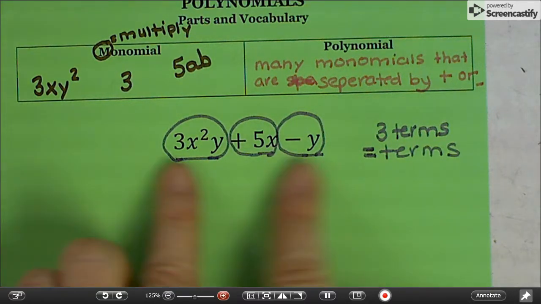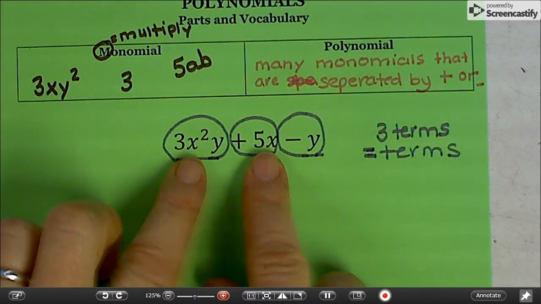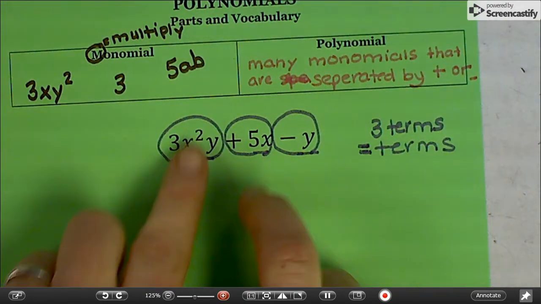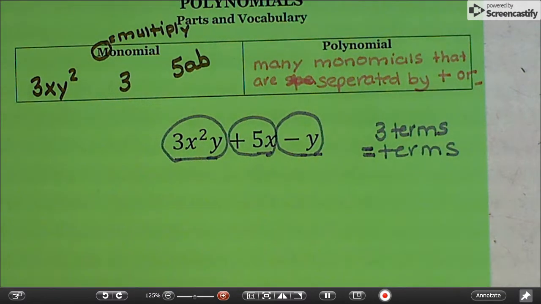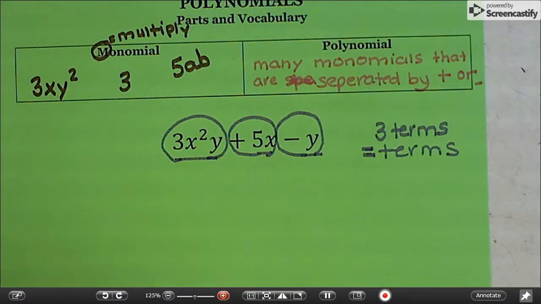Can we combine any terms in here? Do we have any like terms? No. We have x's here and y's there, but because it's not just an x here or just a y there, we can't combine it with anything else. Nothing else is exactly the same. So that's just a polynomial in what's called standard form.